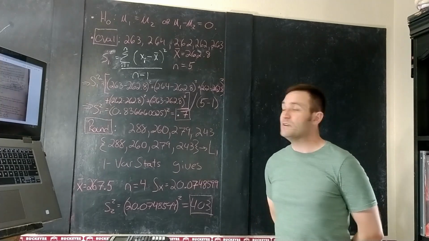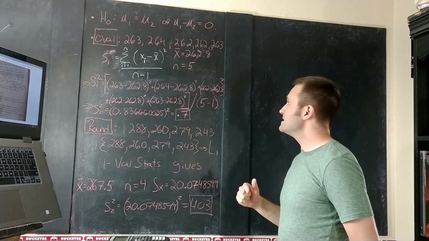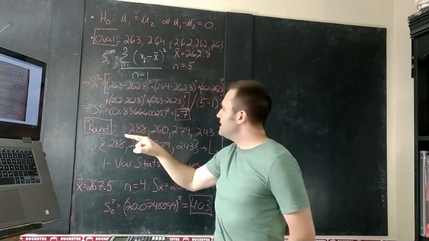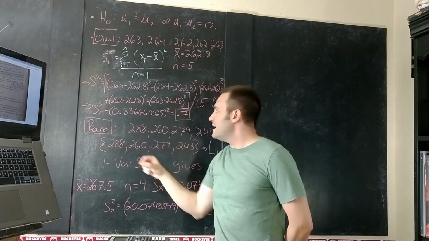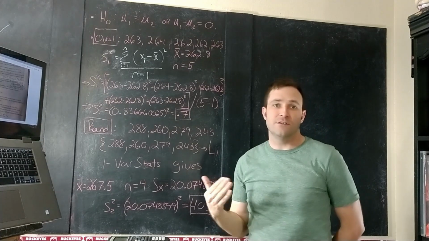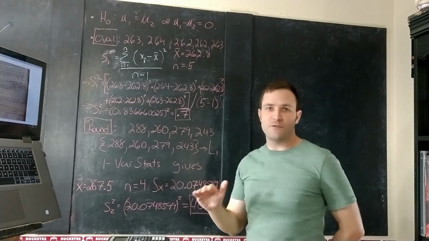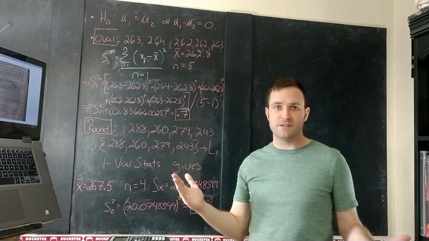In the problem, we've been given 2 sample sets. We've been given a set of sample data for the oval-shaped pill, and we've been given a set of sample data for the round-shaped pill. And we've also been told to use a probability of type 1 error of 5%. That's it. So right off the bat, I don't have any population variances.